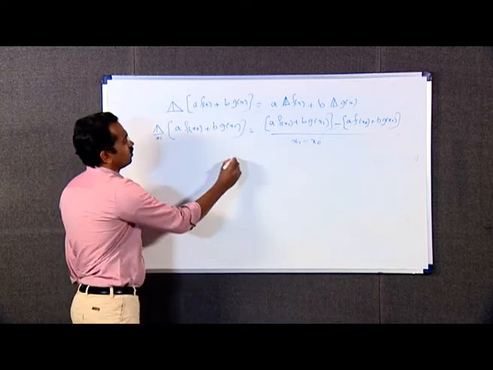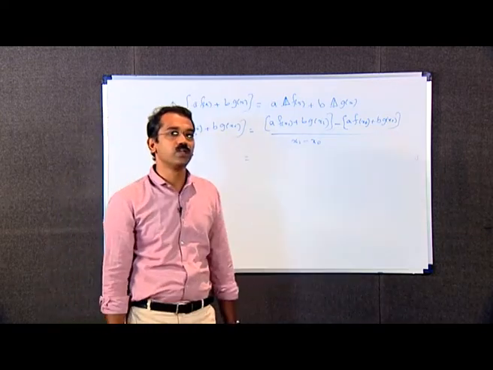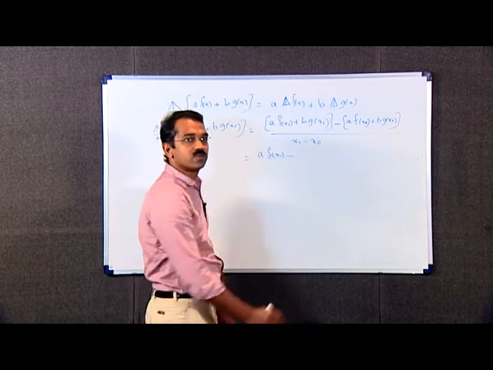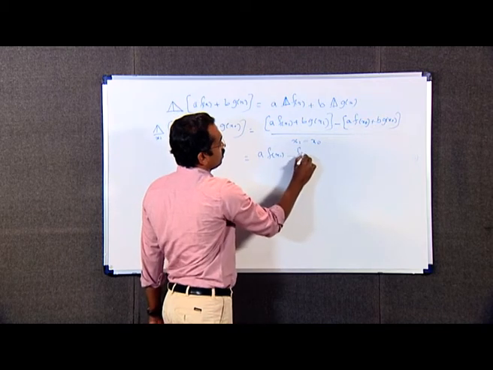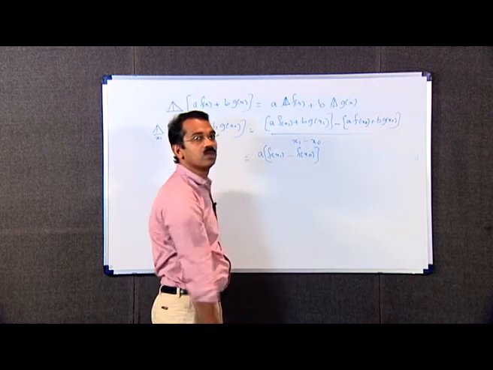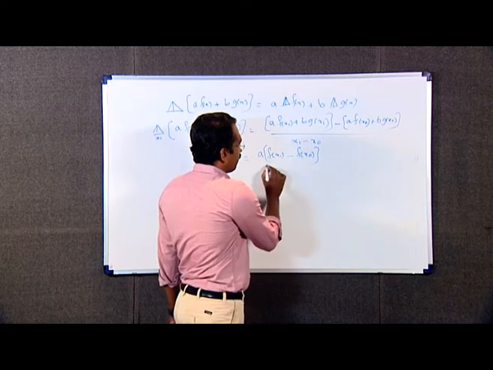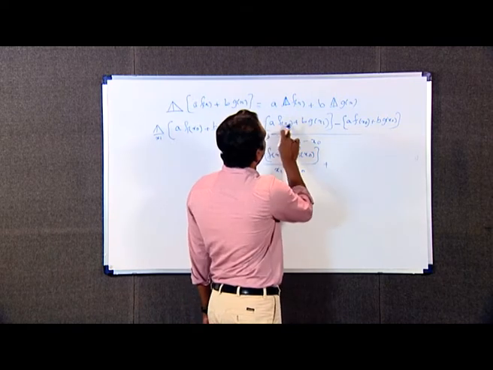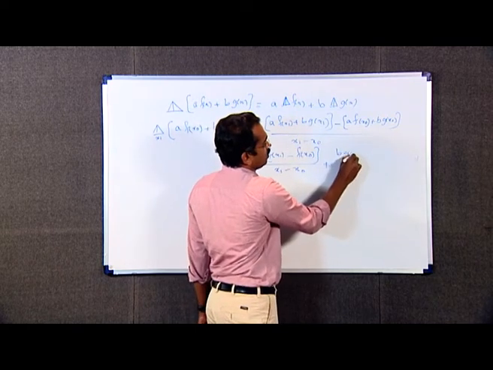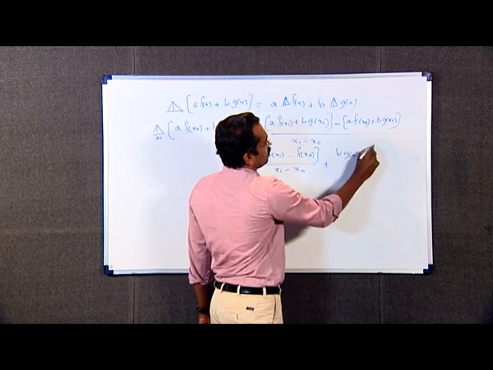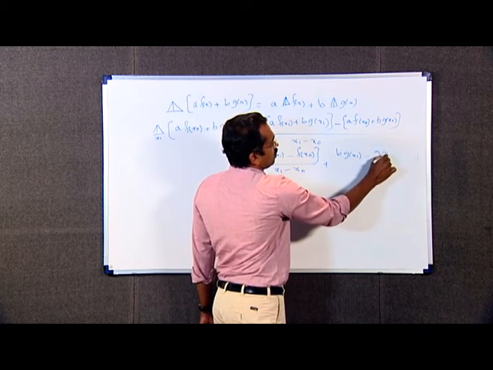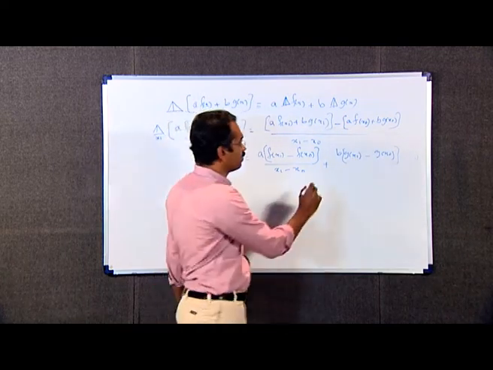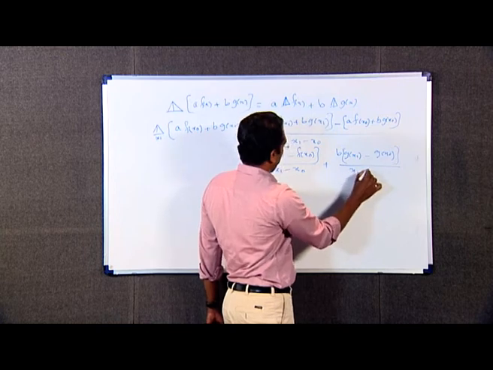This is equal to, the right hand side is a into f of x1 minus f of x0, a is common, divided by x1 minus x0, plus b into g of x1 minus b into g of x0, b can be taken common, divided by x1 minus x0.